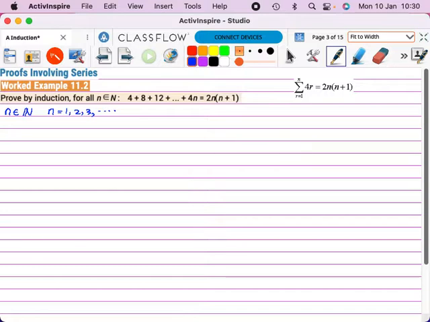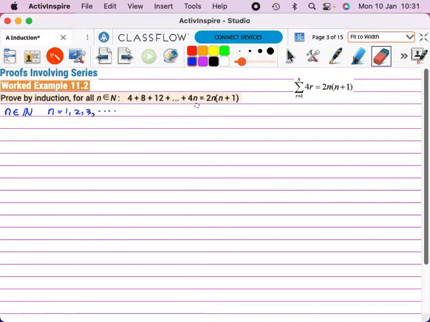You might get it in its summation format, which is top right-hand side of the screen, and it's written up here, or you might get it written in its non-summation format, which is written down here. So if you are given it in its summation format, then you have to do what we did last lesson and actually substitute for r equals 1, r equals 2, until you generate the left-hand side of this equation that we've got above here.